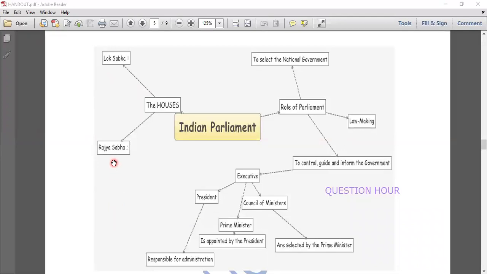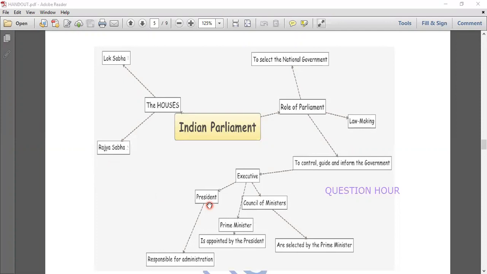When the Rajya Sabha gives a thumbs up on this, then everybody has given their consent that this should become a law. What happens to that bill? It goes to the president for the final signing. But what if the president doesn't agree to this law?